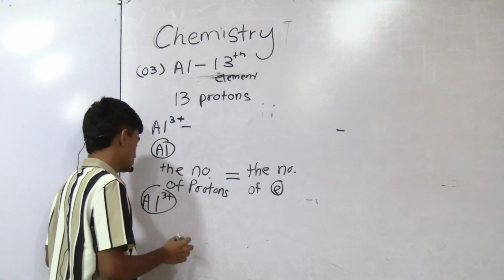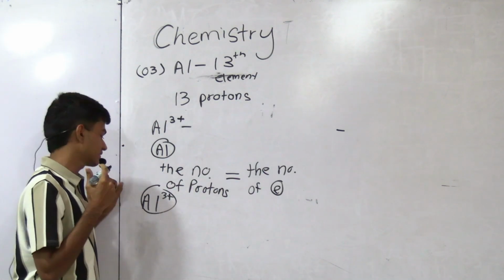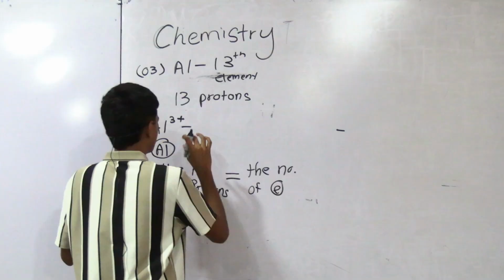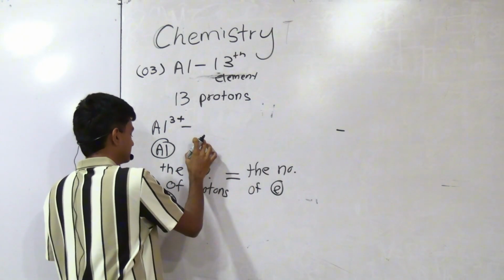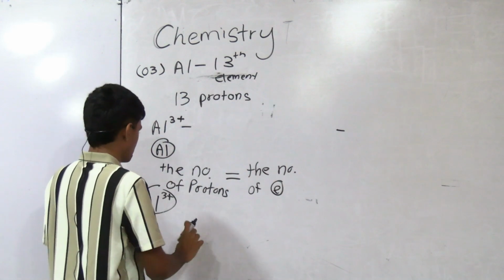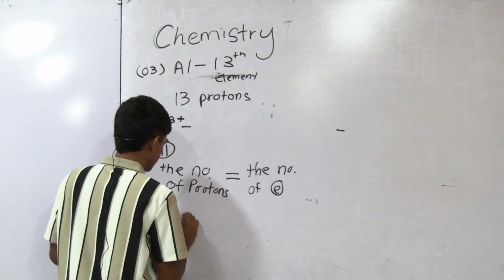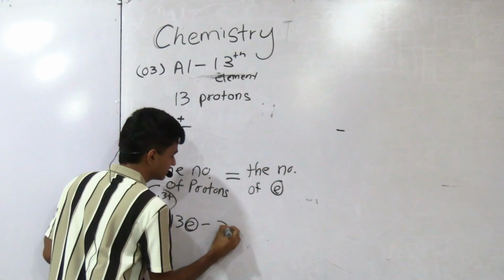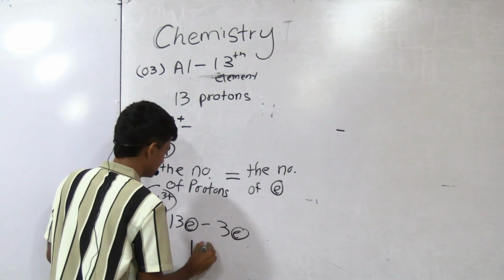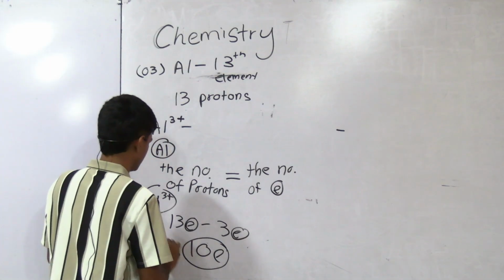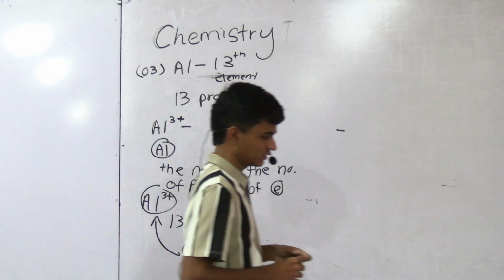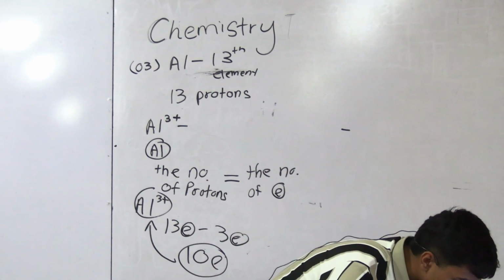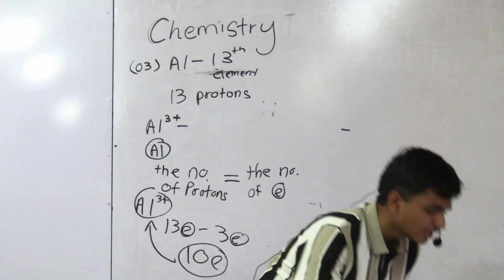So 3 plus means the aluminium atom has ejected 3 electrons. If we consider this situation as the initial situation and this as the later, since we have 13 electrons initially and the aluminium 3 plus has emitted 3 electrons, we have 10 electrons here. So the answer to the question is 1. It has 10 electrons and 13 protons.